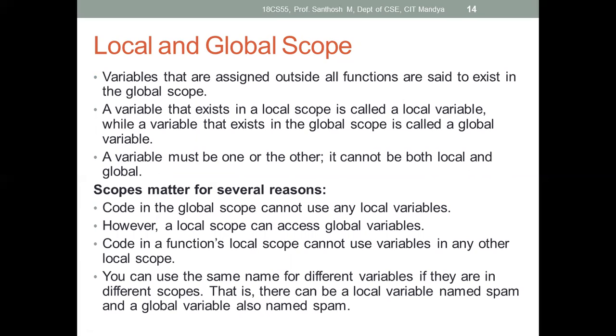So here you see some of the rules for scope. Scope of a variable matters for several reasons. First reason: code in the global scope cannot use any local variables.